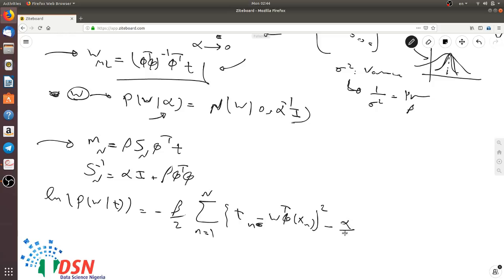Squared minus alpha over 2 W transpose W. As you could see in here, maximizing posterior probability means, because these are minus signs, minimizing this term.